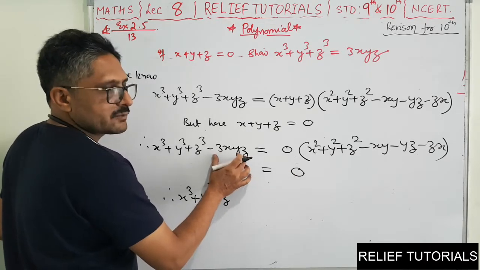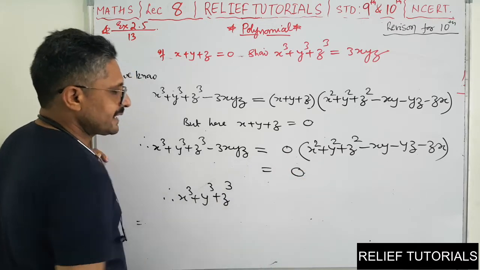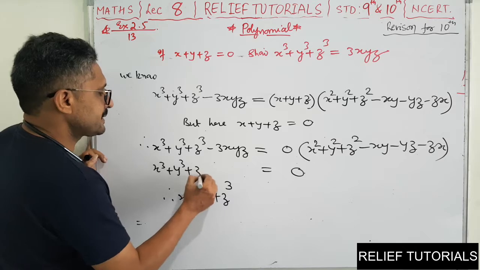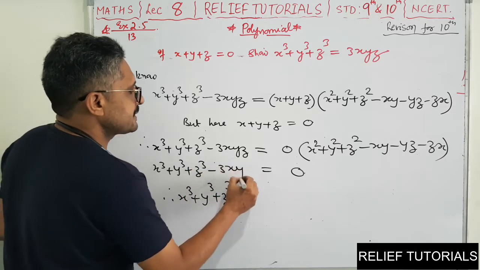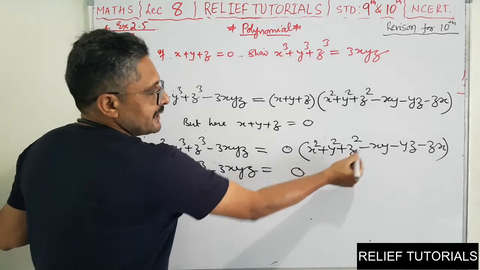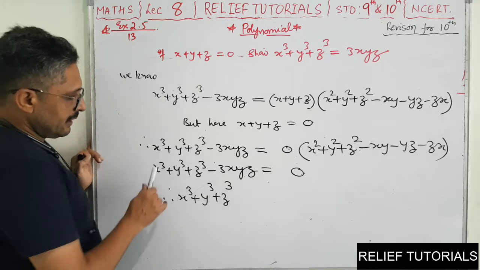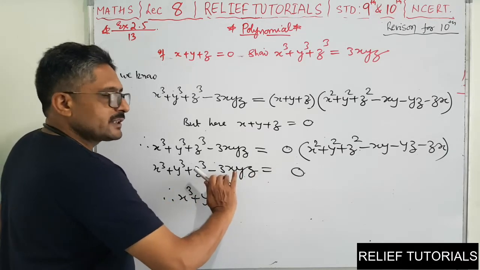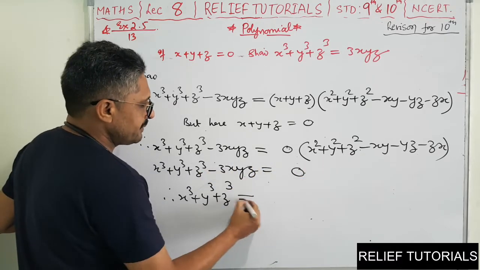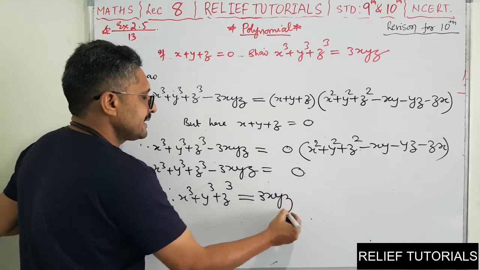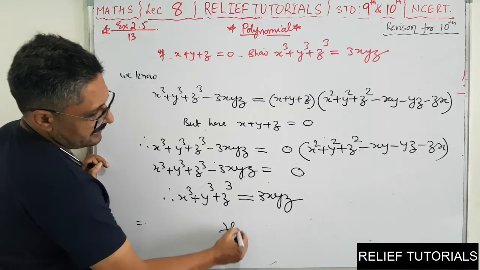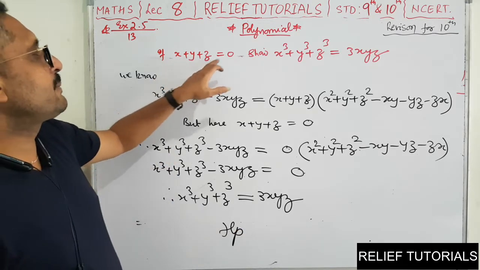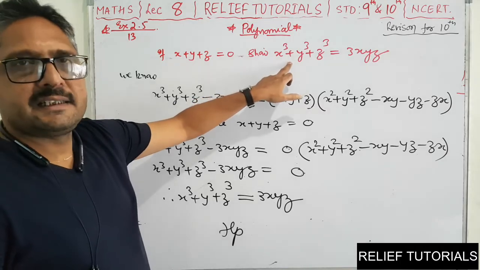This term will go on the other side, so that will be equal to 3xyz. Hence, proved. Simple.